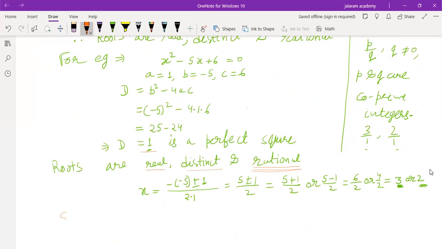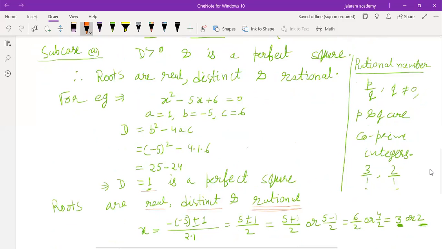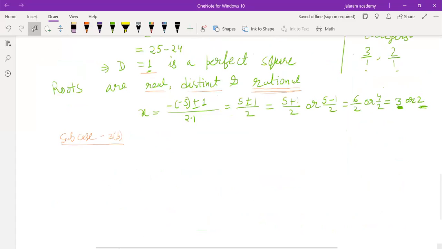And what will be subcase 2? Subcase 3b we must say. In subcase 3a, we have written discriminant is a perfect square. So in subcase 3b, it is the case in which discriminant is greater than 0, but is not a perfect square.